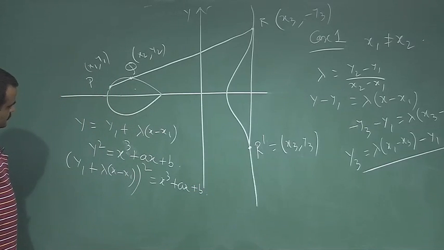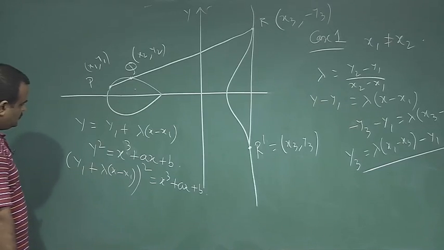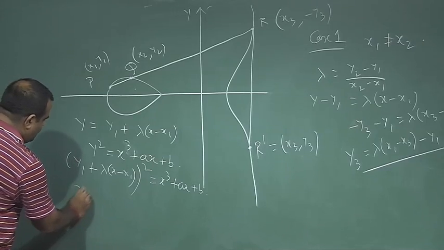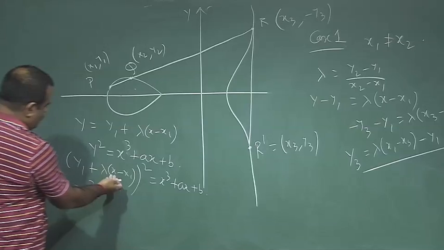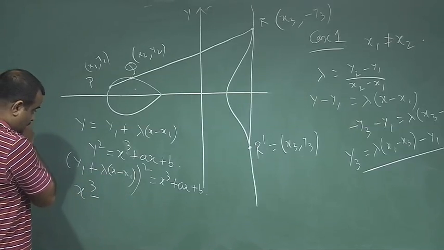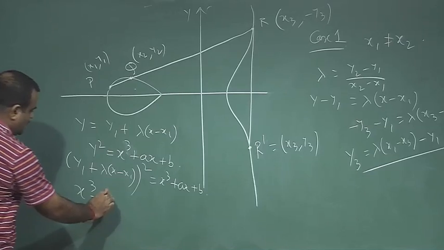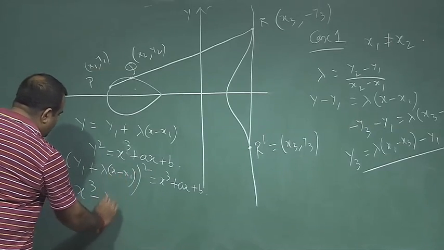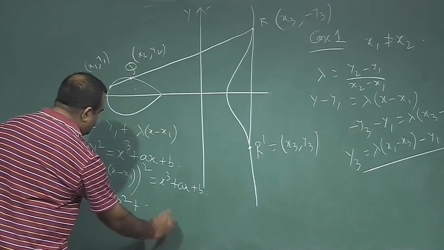So now this is a cubic equation in terms of x. This is x cubed, and then some term will be in x square. So if we take this lambda this side, this will be basically lambda square x square, then plus some lower order terms equal to 0.